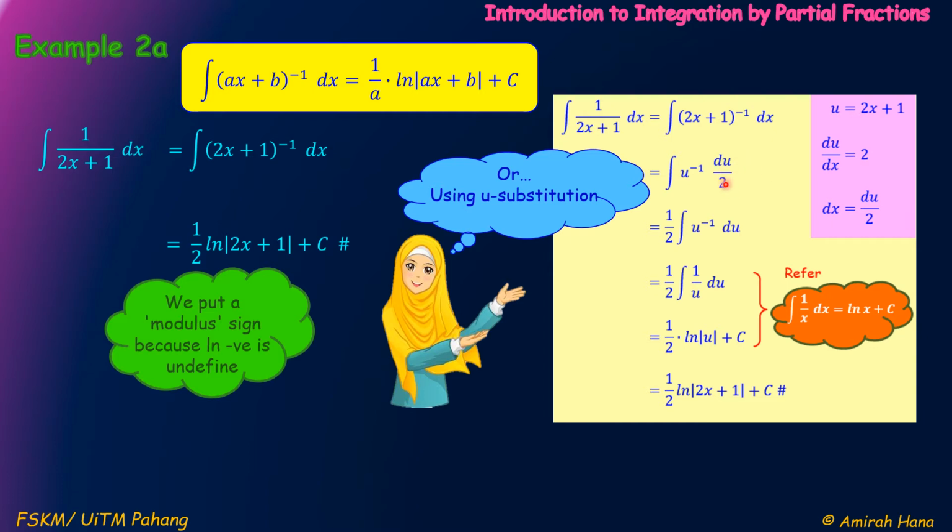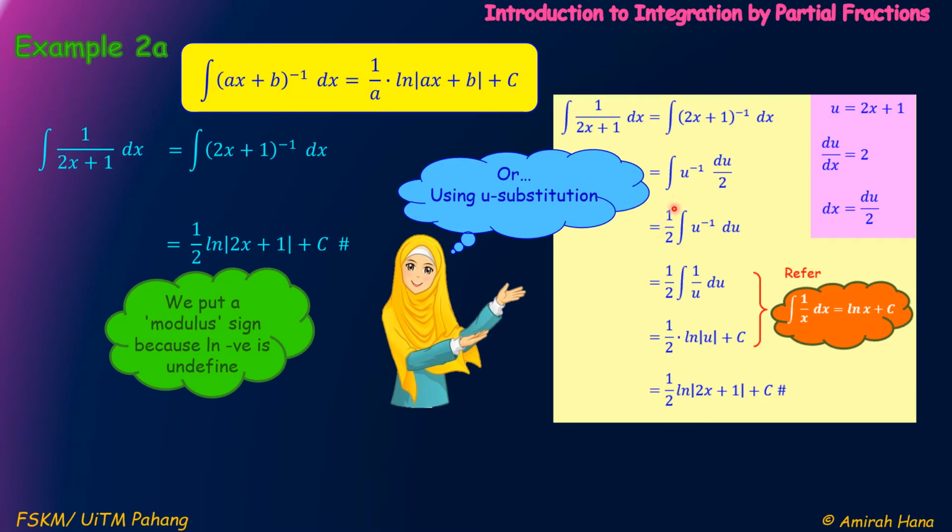The 1 over 2 here is a constant, so we can move it out. Then we have the integration of u^-1 du. Now we have terms containing only u and du, with no more variable x, so we can integrate with respect to u.